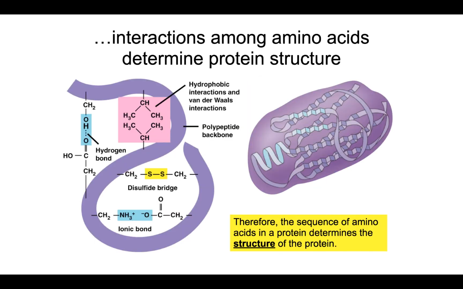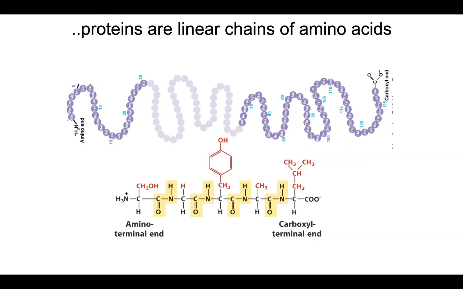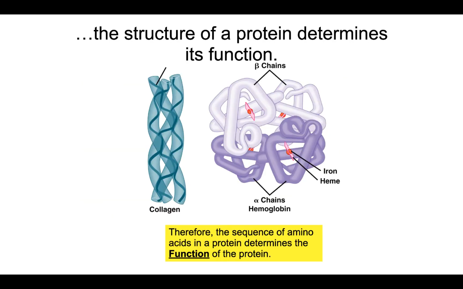Therefore, the structure of a protein dictates its function. And don't forget that the sequence of amino acids in that protein dictate its structure. So when we put 2 and 2 together, what that means is the sequence of amino acids in a protein indirectly determines the function of that protein.